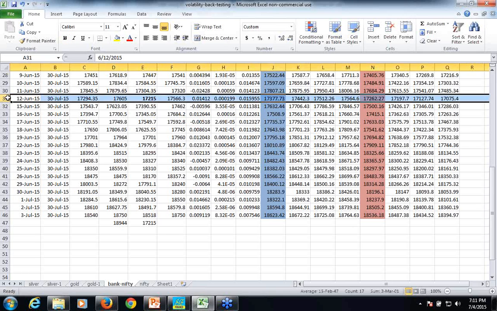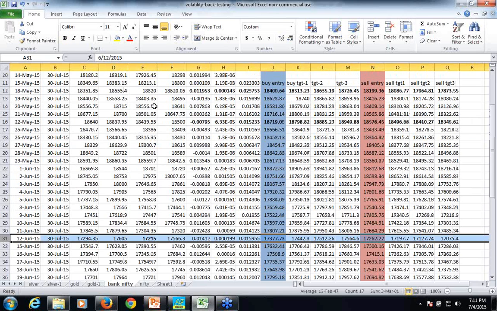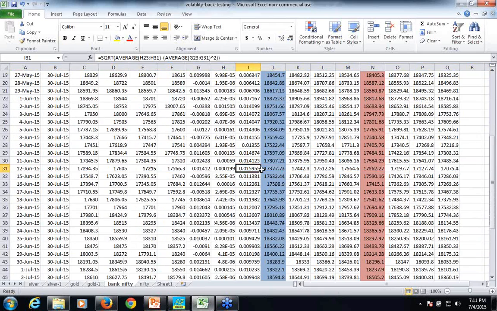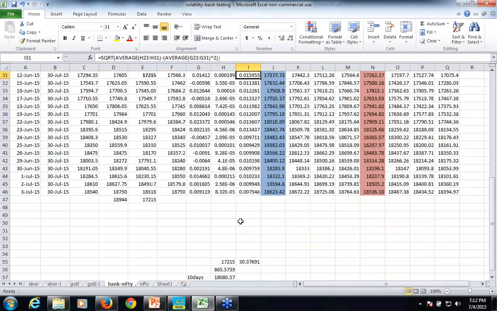On that particular day, if you see the volatility of that instrument on a daily basis, it was working out to this value multiplied by 100.